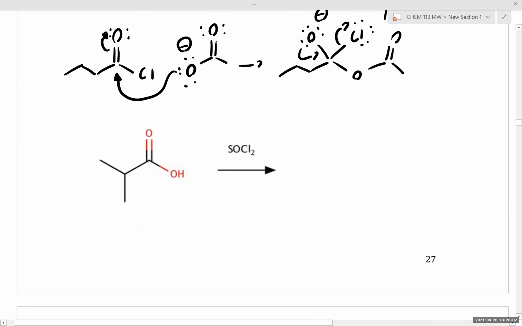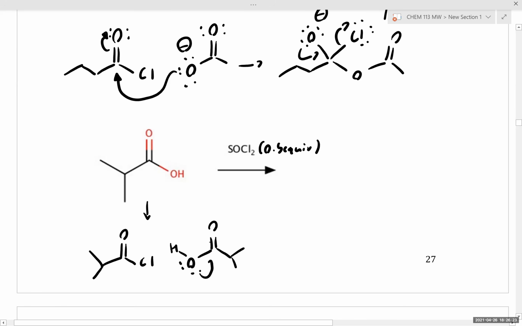Another way to prepare anhydrides is by using a substoichiometric amount of thionyl chloride, in which case you generate a small amount of your acyl chloride, which immediately reacts with your carboxylic acid.